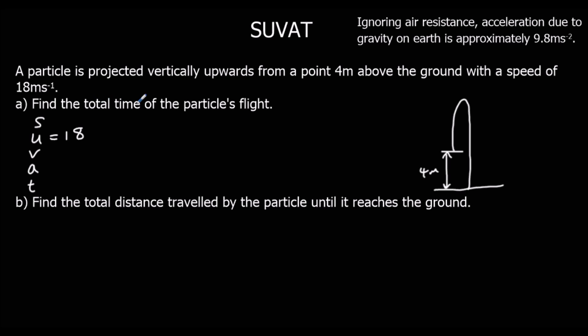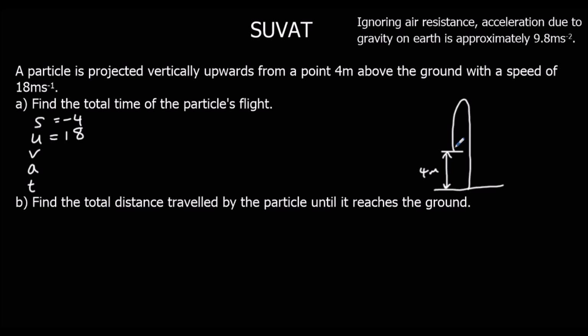We want to know the total time of the flight. So the total time of the flight, well, we can say s is going to be negative 4, because from its initial point, at the end of the flight, it's gone down 4. So if we're going to do it in one motion, we're going to say s is negative 4.